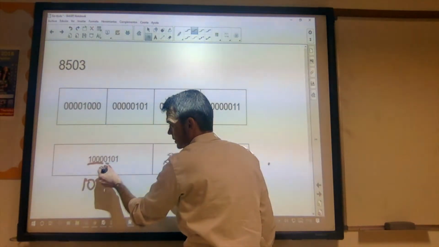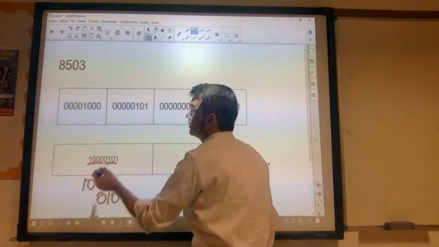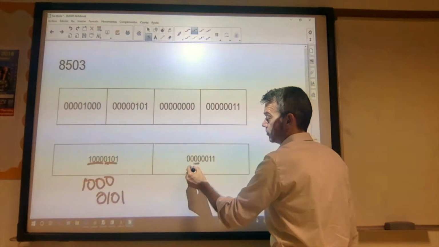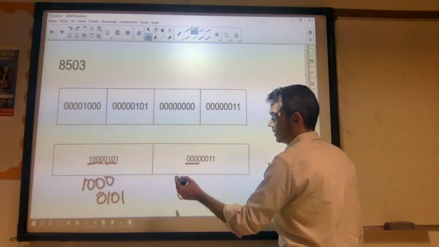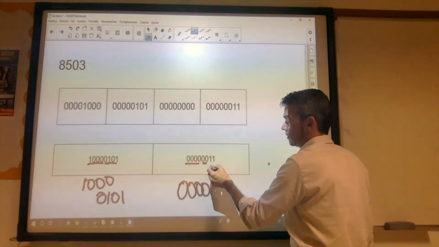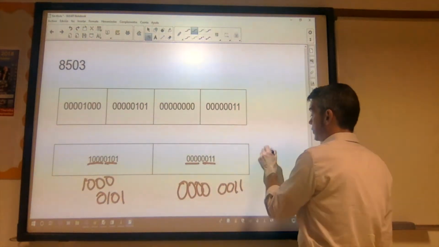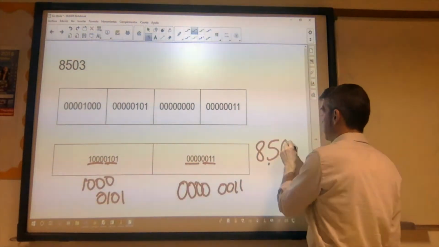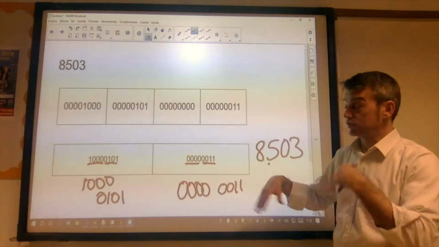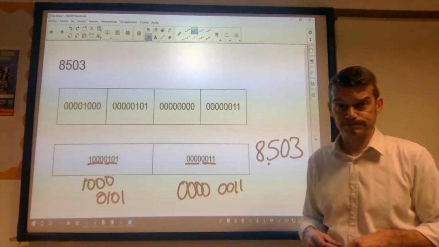Our second group of 4 here is 0, 1, 0, 1, which we know is 5. Then our next group of 4 bits is 0, 0, 0, 0, which we know is 0. And our last group, 0, 0, 1, 1, which we know is 3. So we've got the number 8, 5, 0, 3. And so that's 2 ways of representing numbers using binary coded decimal.